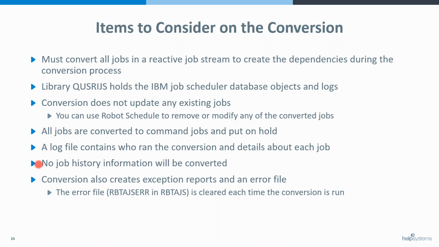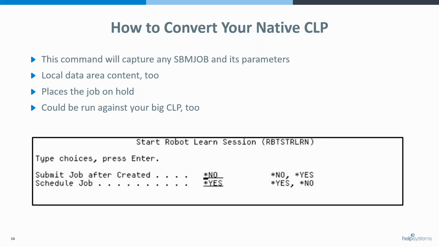And then the team does a great job of building exception reports for the AJS process with the reports and error files. And then, of course, those who have those native CLs out there, we've for many years had the robot start learn. Again, I'll go back to say this has been in the product since 1991 or 92. And it's been enhanced over the years.